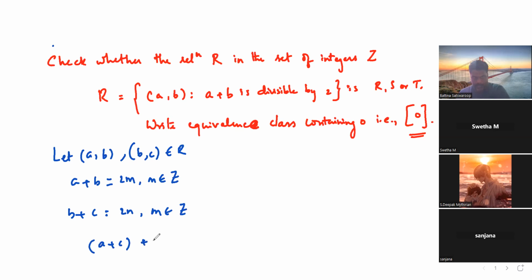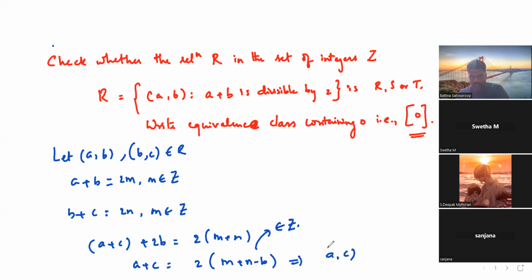A plus C plus 2B is equal to 2 times (M plus N). So I can say A plus C is equal to 2 times (M plus N minus B), where M plus N minus B, everything belongs to Z. So therefore, I can say that (A, C) belongs to R. Therefore, it is transitive.